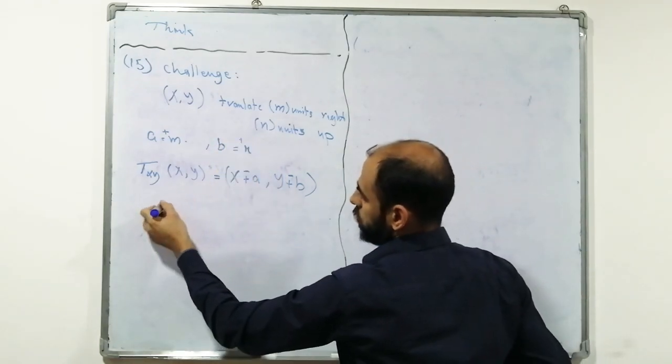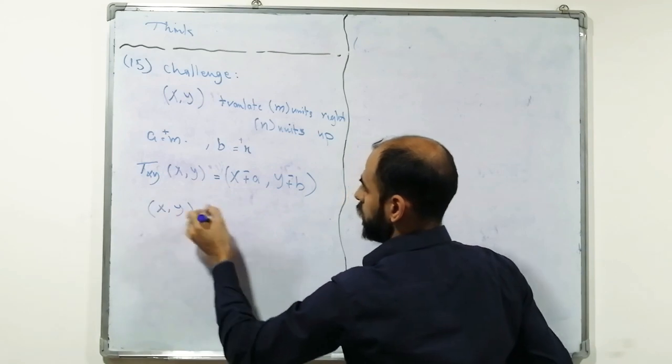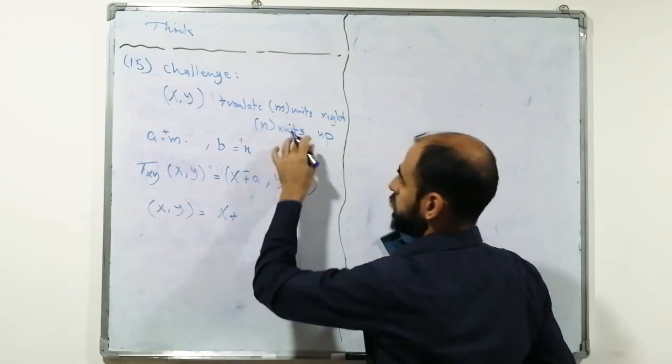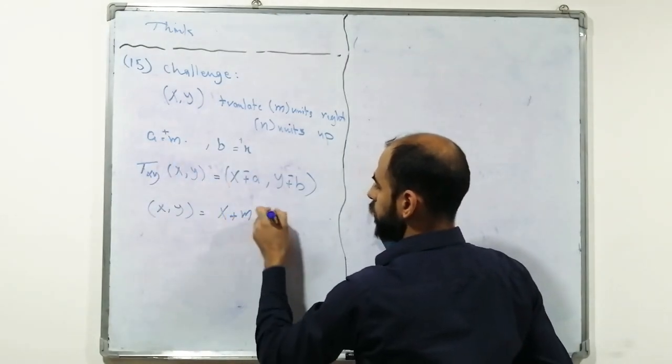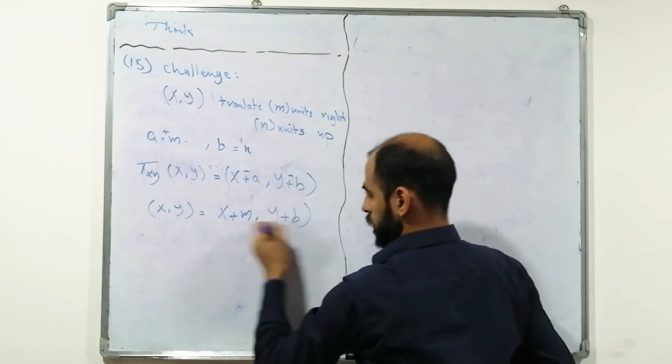Then the translation of xy equals x plus m and y plus n.